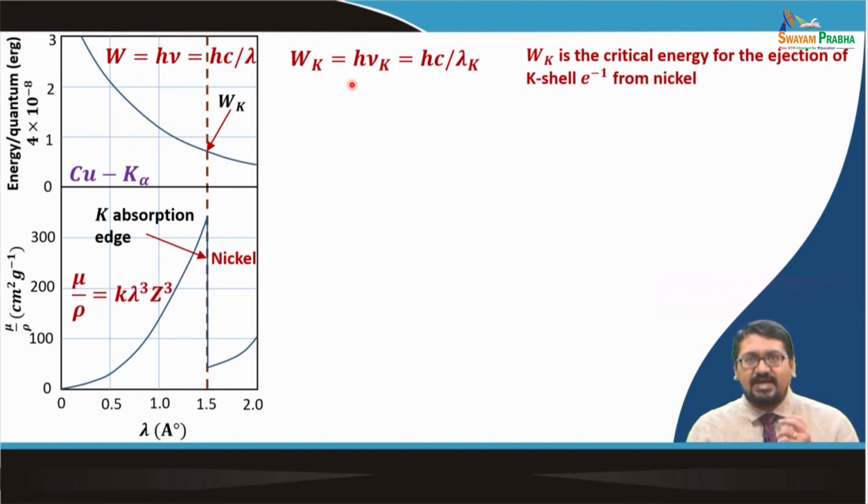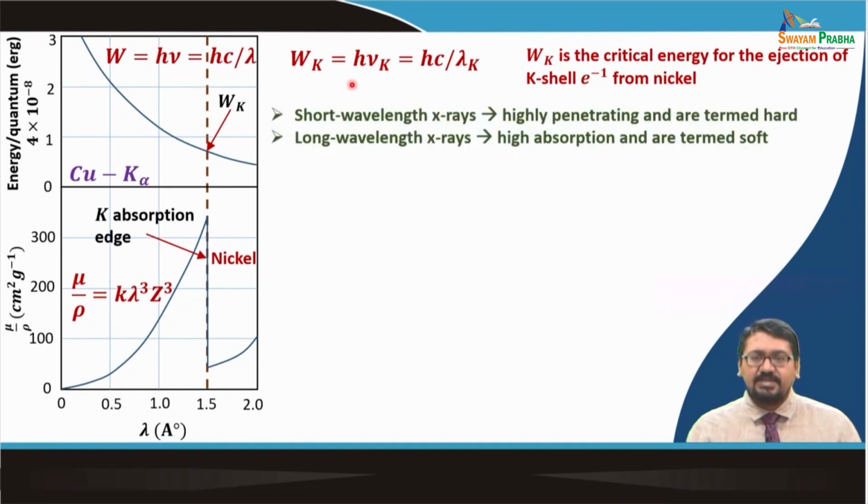And when that is done, the nickel goes to a very high energy state, right. Then, when an L shell electron of the nickel goes to the K shell to reduce its energy and come to the ground state, another characteristic X-ray radiation of a certain wavelength is released also from nickel. We will talk about that later.